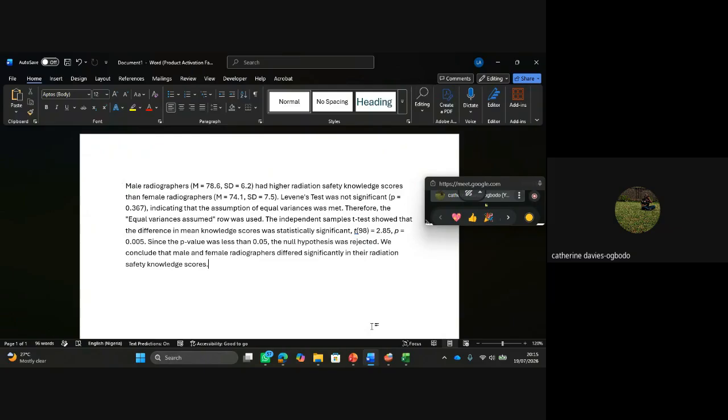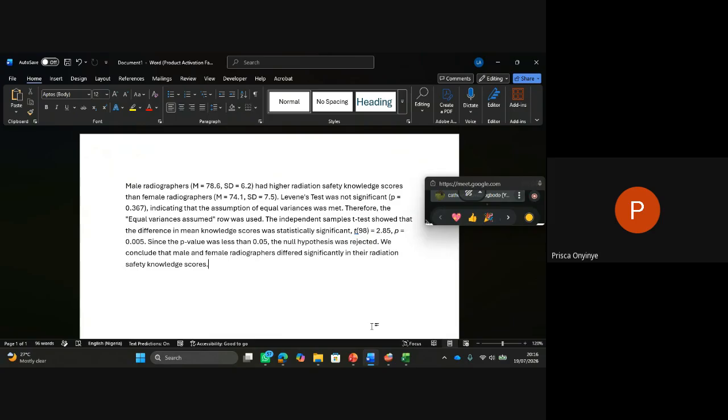For Levene's test, what we are trying to find is whether this data set has equal variance, that is, whether equal variance can be assumed here or the assumption of equal variance is not met. So our null hypothesis here would be that equal variance can be assumed here, right? I want to know whether we're on the same page. Yes, but here it's small, and it said that it was met.